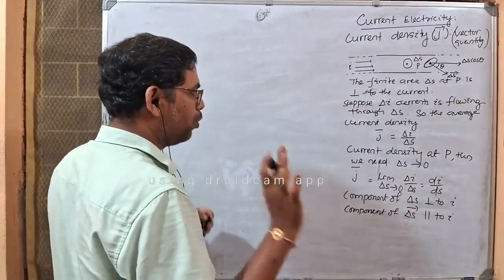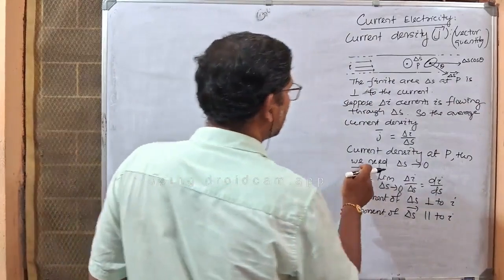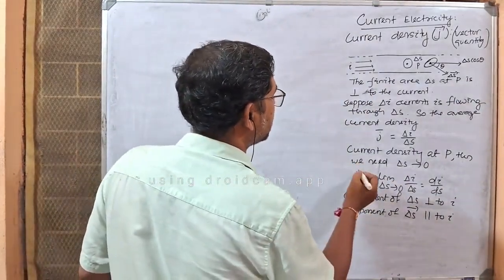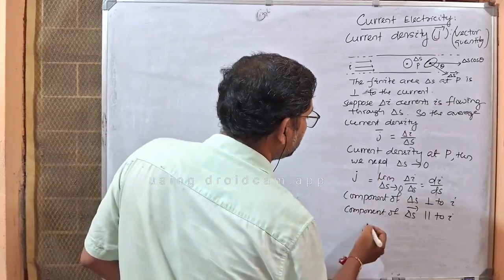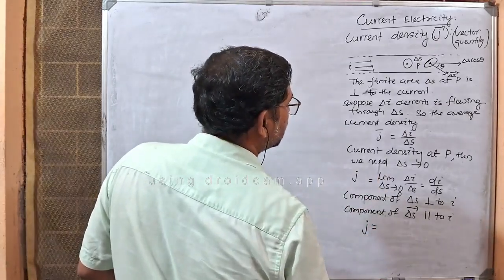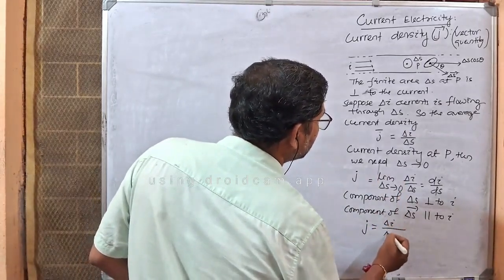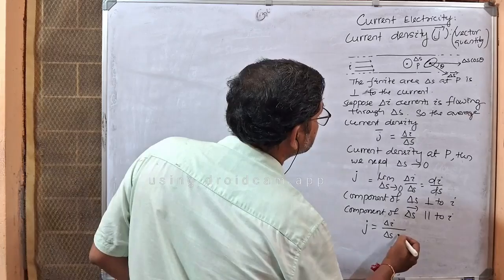So this is not average current anymore. So J will be delta I divided by delta S cos theta.